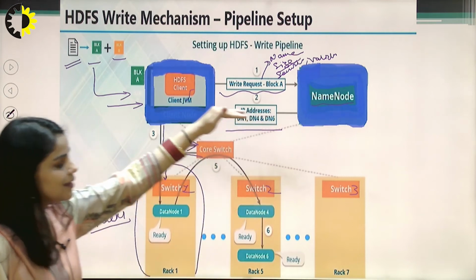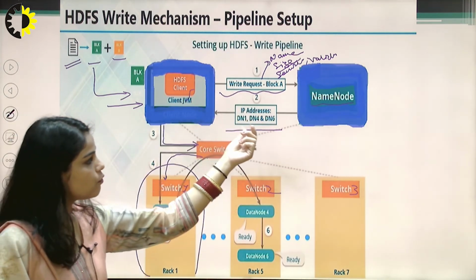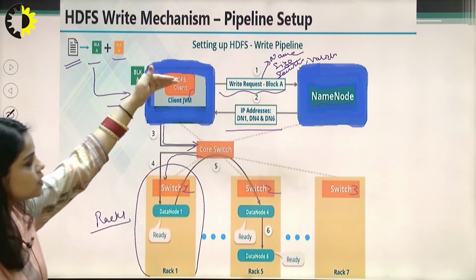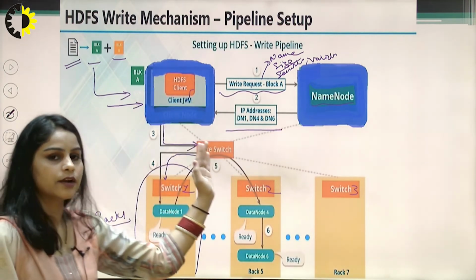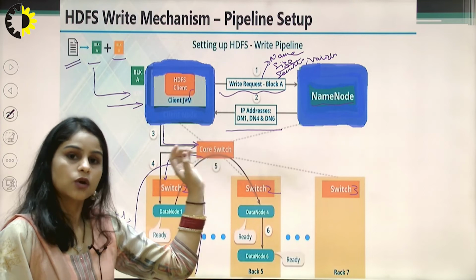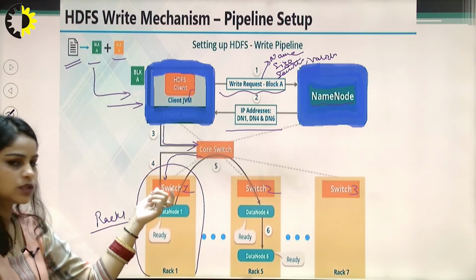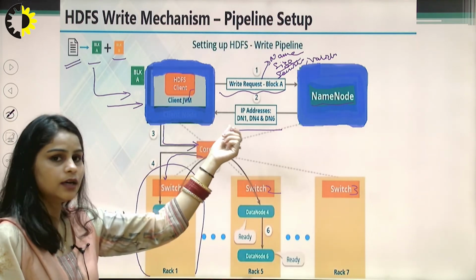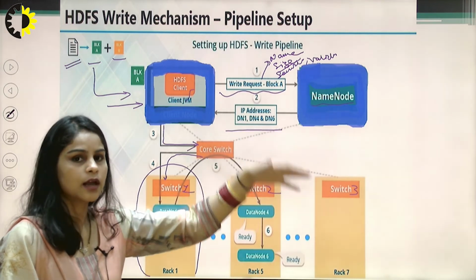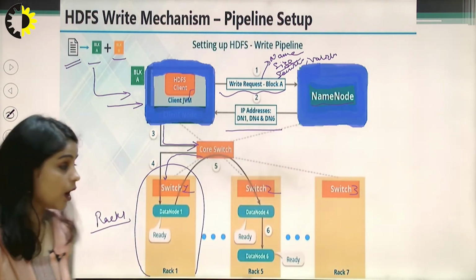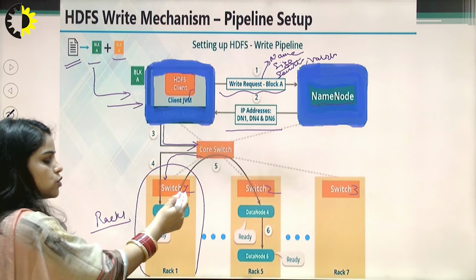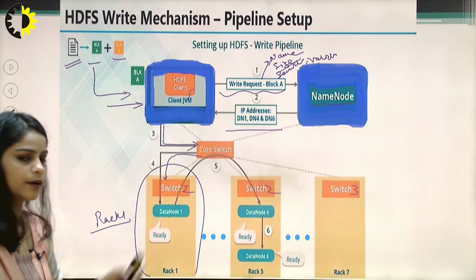So, once we get the IP address of data node 1, 4 and 6, HDFS client will transfer this address to core switch. Core switch will go to the switches where data node 1, data node 4 and data node 6 are allocated. Now, data node 1 was stored at switch 1.